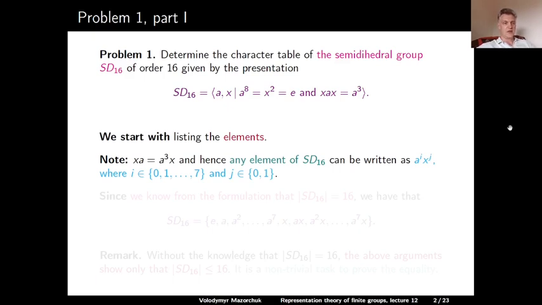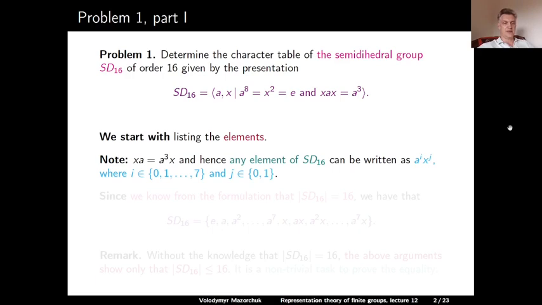So in particular, we can rewrite it as xa is equal to a cubed times x, and hence any element of this group can be written in the form a to some power i and x to some power j, where i is an integer between 0 and 7, and j is either 0 or 1.